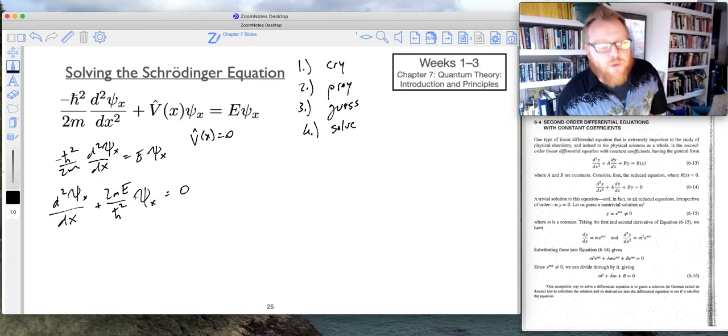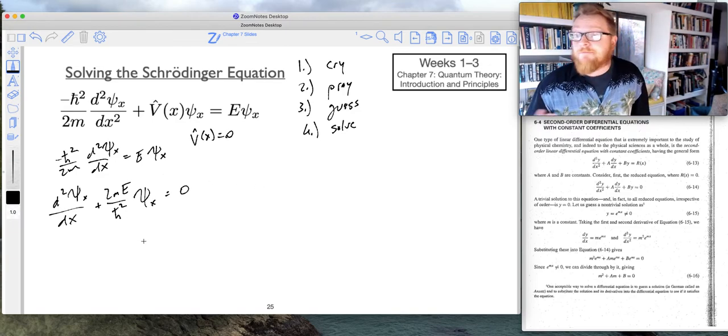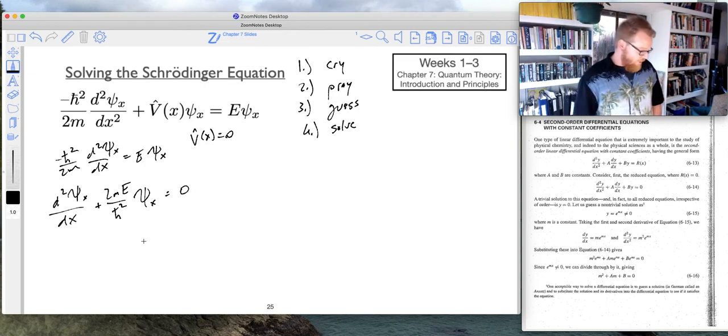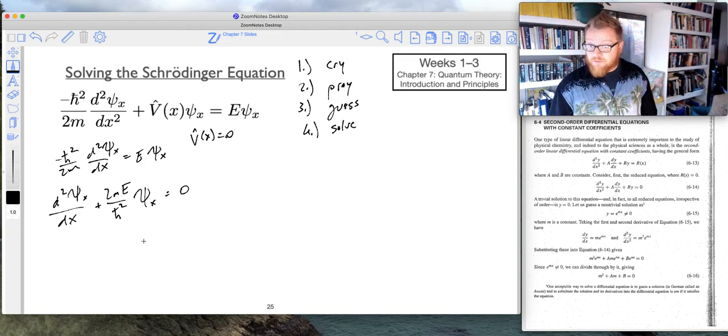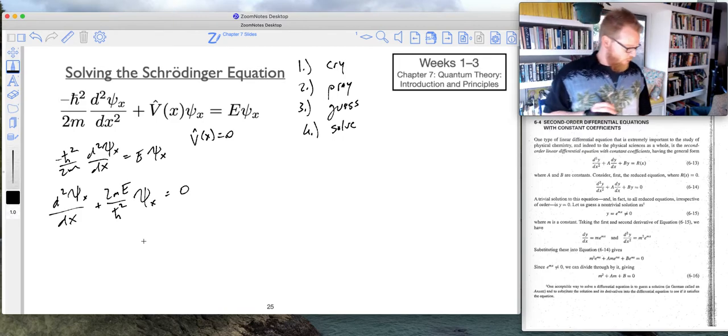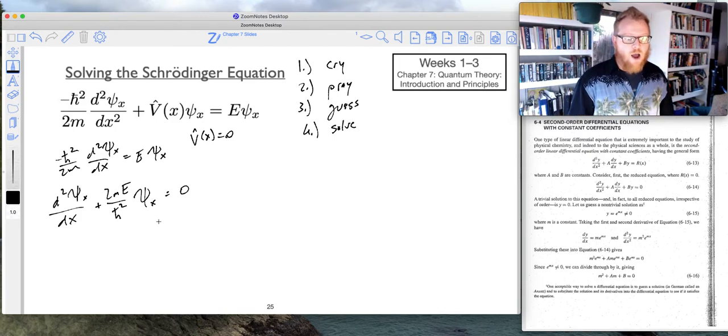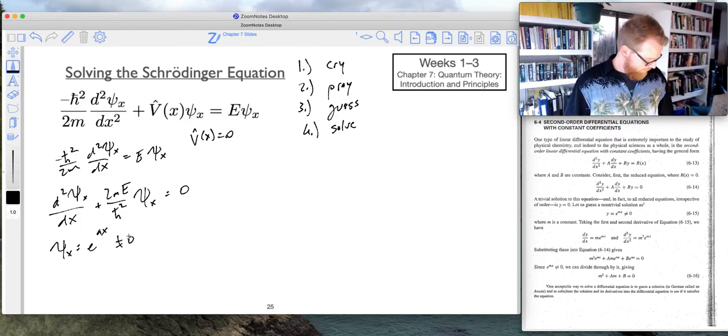So we notice here 2mE over h bar squared, that's a constant. We also notice that I don't have a first derivative, but that's okay. It's still a standard second order differential equation. So now I'm gonna guess. So we've cried and we've prayed, and now it's time to guess. So we're gonna guess that psi of x equals e to the ax, and that cannot equal 0, just like I did before.